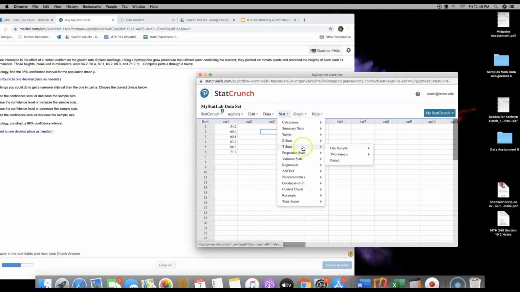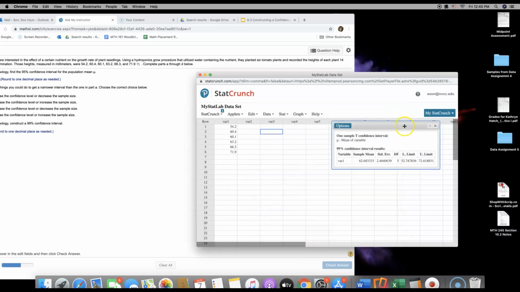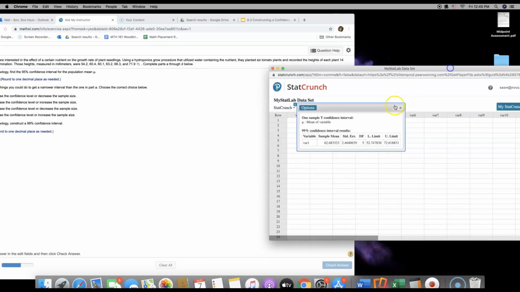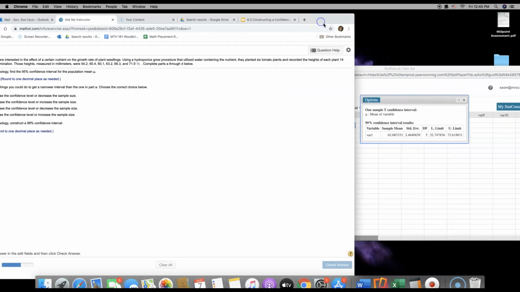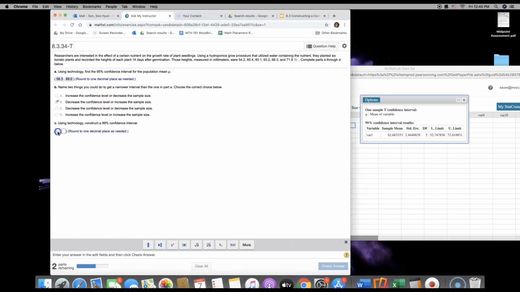Stat, t-stat, and one sample with data, but this time I'm going to do 99%. If you hit compute, ta-da, we got the lower bound. Let me move it up like this so that I can look at it and type it in. The lower bound is 52.7.